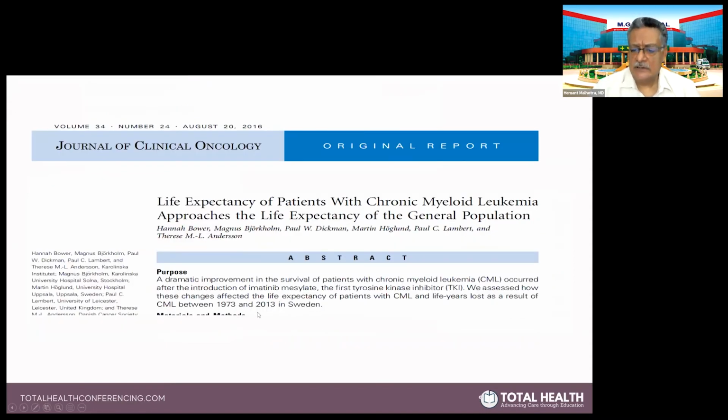Ladies and gentlemen, it is also important to realize, from this study from Sweden, that life expectancy of patients with chronic myeloid leukemia today, with the availability of tyrosine kinase inhibitors, approaches the life expectancy of patients in the general population.